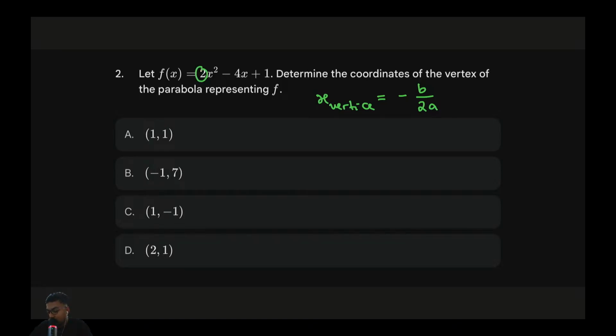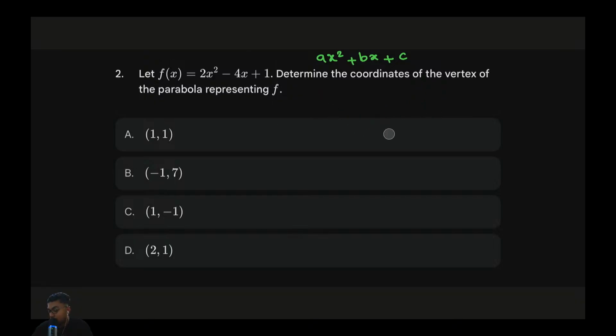Here are a, b, and c. The general form is ax squared plus bx plus c, okay? And then after we found the h-coordinate of the vertex, we plug it into the function. After plugging into the function, we get the y-value of the vertex. This is how we plan to solve these questions.